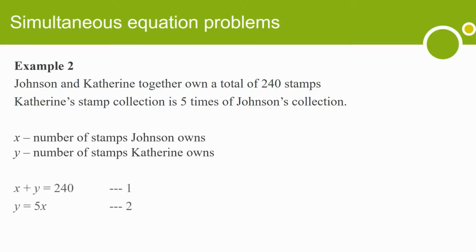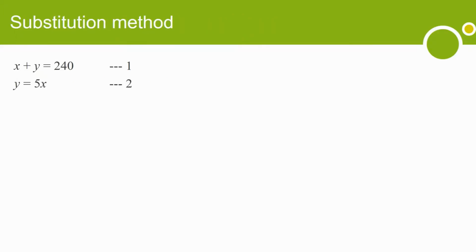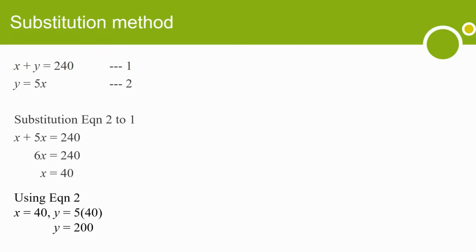And we can form two equations. x + y = 240, y = 5x. For this example, it's easier to use the substitution method to solve the equations. We substitute equation 2 into 1 and we can get the value of x is 40. And using x is 40, we can find the value of y, which is 200.